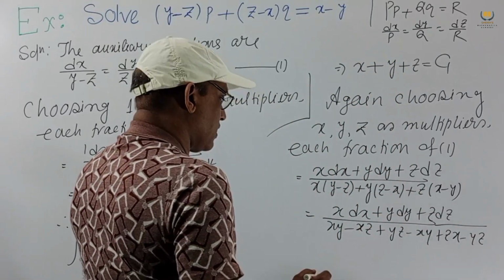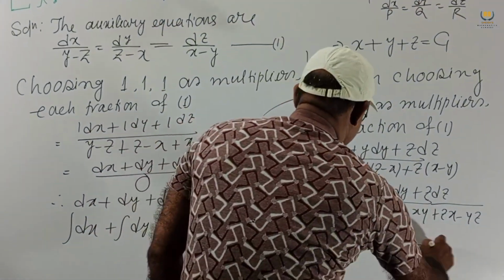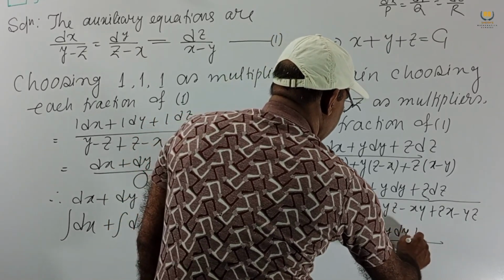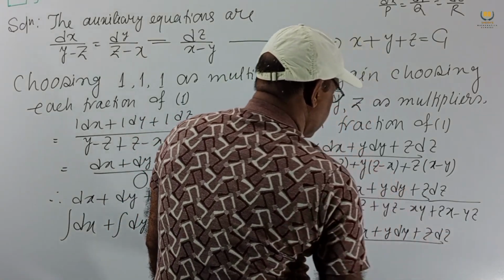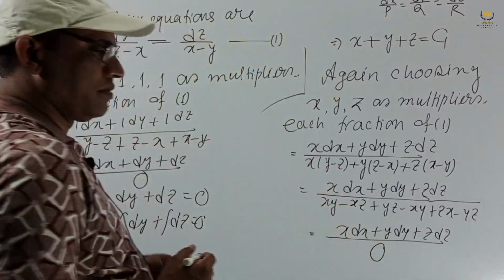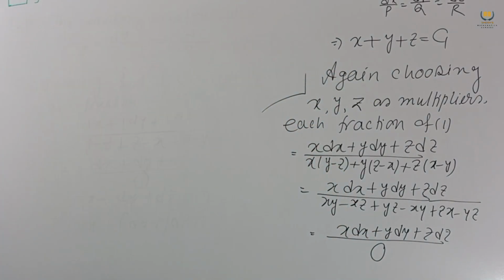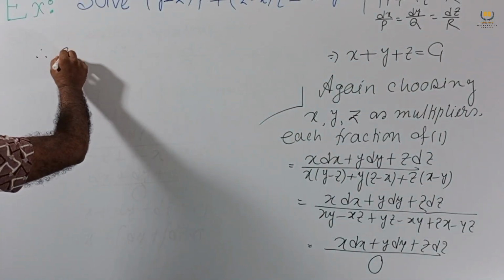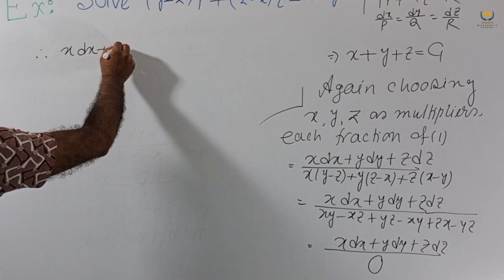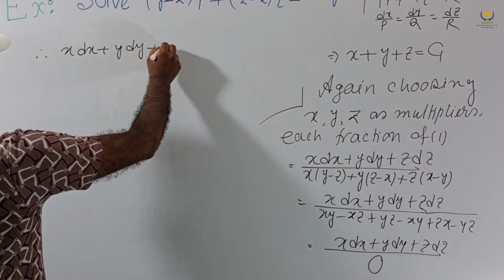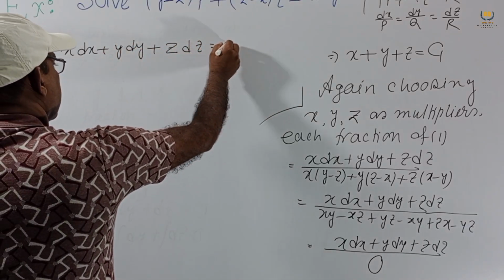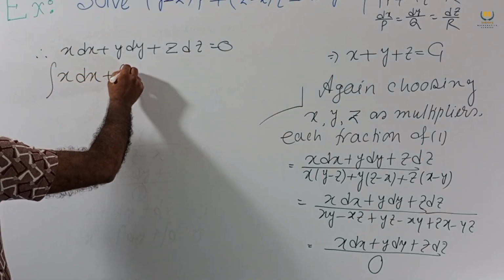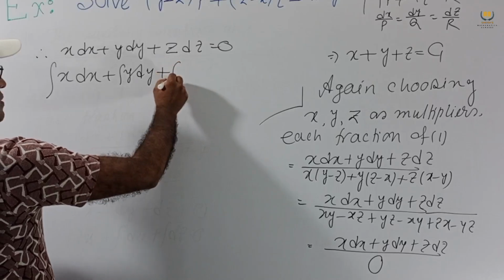We get this, and this is equal to (x dx + y dy + z dz)/0. So the denominator is 0. Therefore we can write x dx + y dy + z dz = 0. If we integrate both sides, we get this.